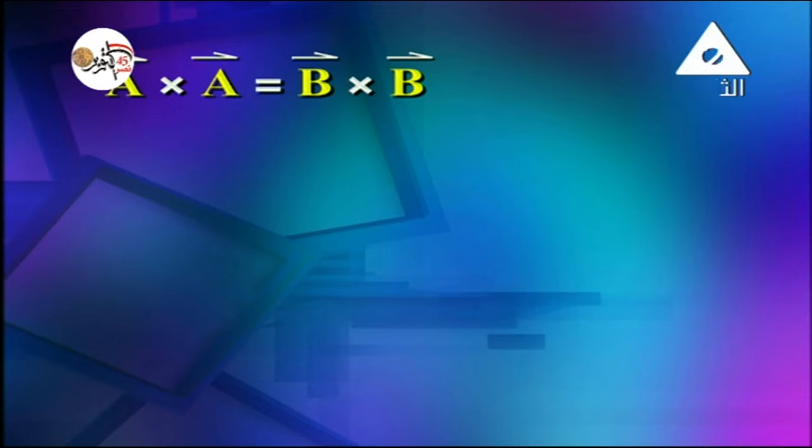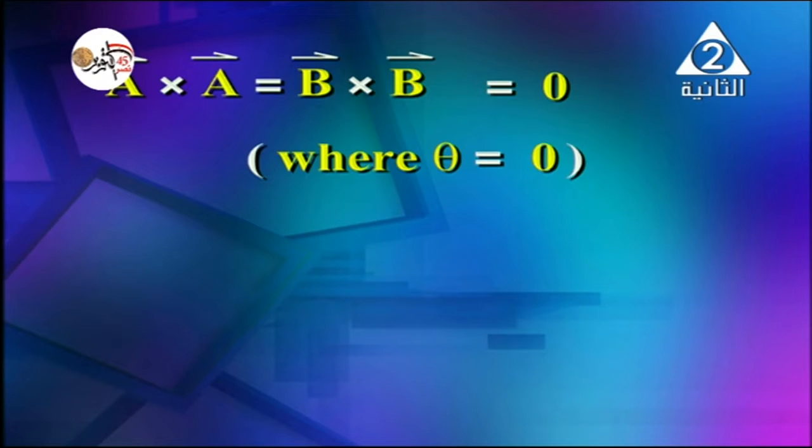And we deduce A vector cross A vector equals B vector cross B vector equals the zero vector, where theta equals 0. The angle between the same vector is 0. Why?